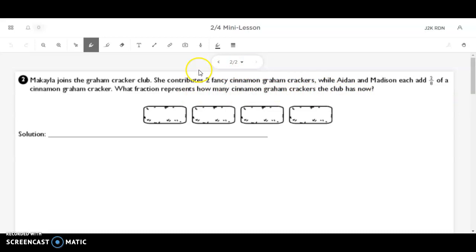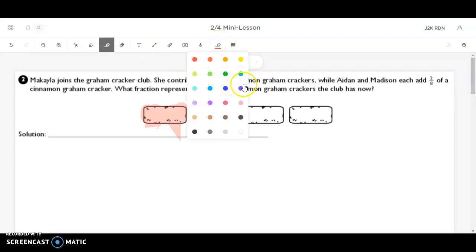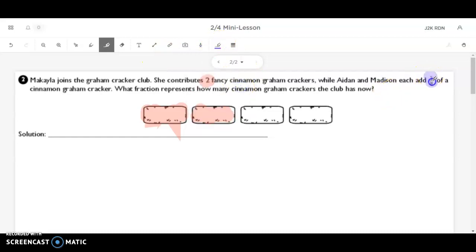Well, let's see. What happened here? Since this is cinnamon, let me do that with this. Michaela adds 2 whole numbers. 1, 2. Eden also adds 2, but not 2 wholes, 2/8.